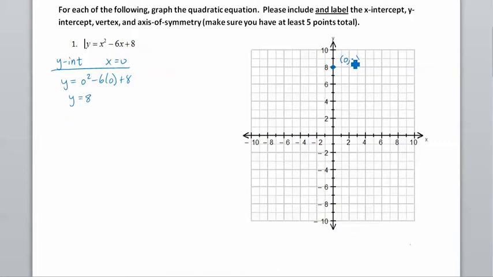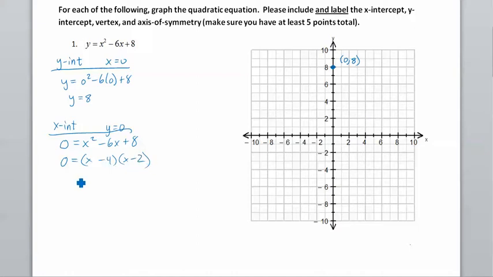All right, so now let's do the x-intercepts. The x-intercepts, of course, happen when y equals 0. This again is exactly the same as when we did linear graphs, except a quadratic equation gets dealt with a little bit differently. So we go 0 equals (x minus 4)(x minus 2).